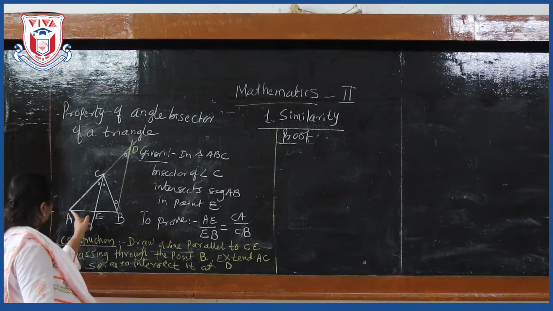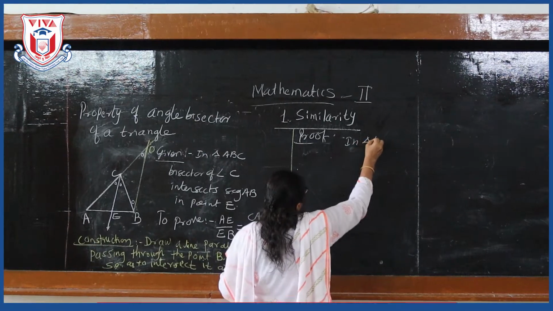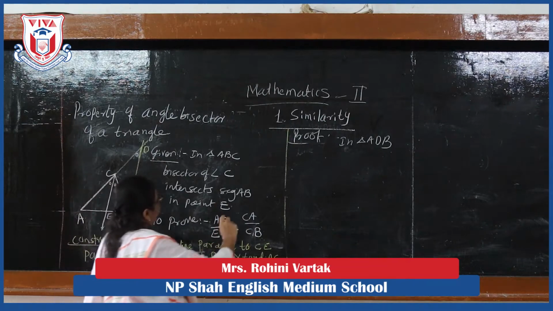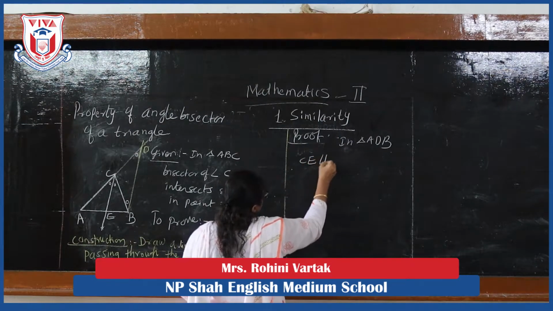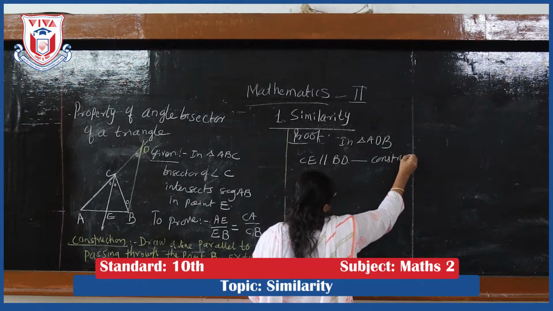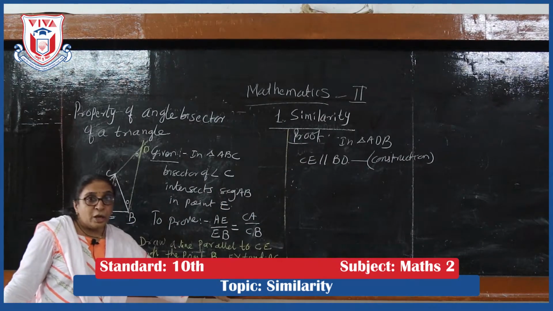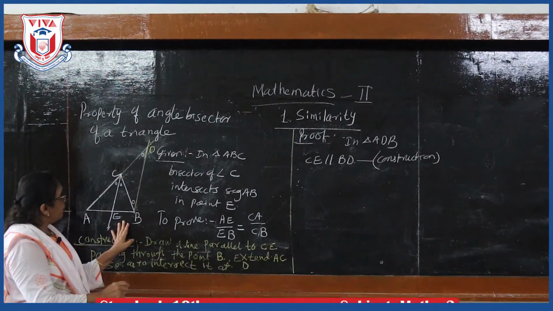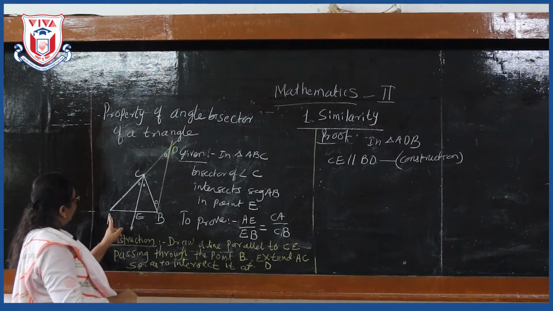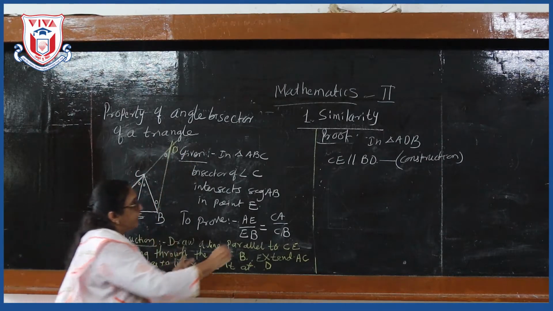Okay? Now we'll see the remaining proof. Now in triangle ADB, we know that CE is parallel to BD by construction. And therefore, here we can apply the basic proportionality theorem. When CE and DB are parallel, AE upon AB is equal to AC upon CD.